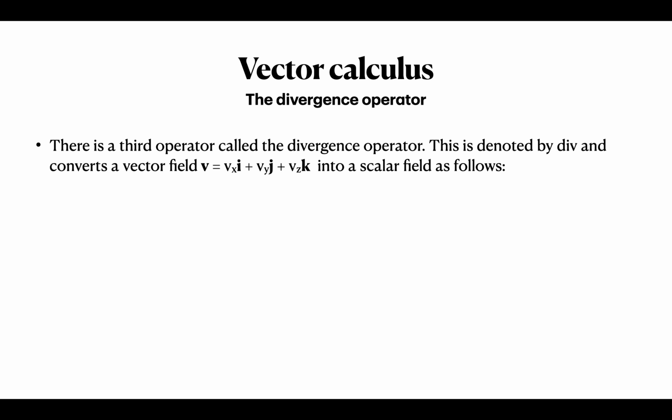So it combines the three components into a scalar. The way it does it is as follows. It takes the first component, the x component, or the component along i, and differentiates that with respect to x. It takes the second component, the j component, and differentiates that with respect to y. And the third component, the Vz component, the component along k, it differentiates with respect to z.